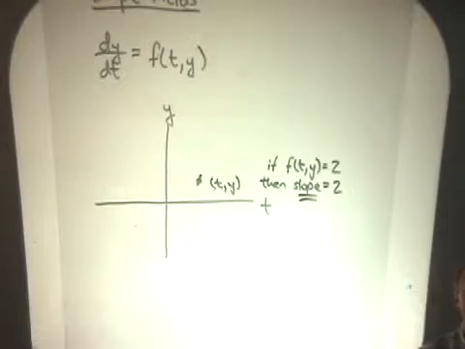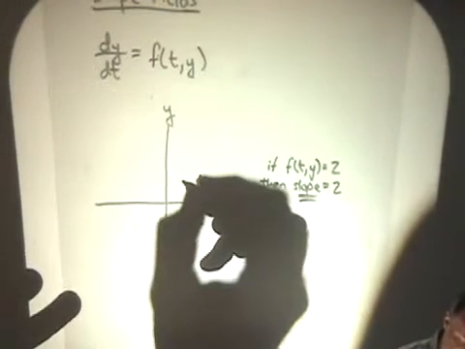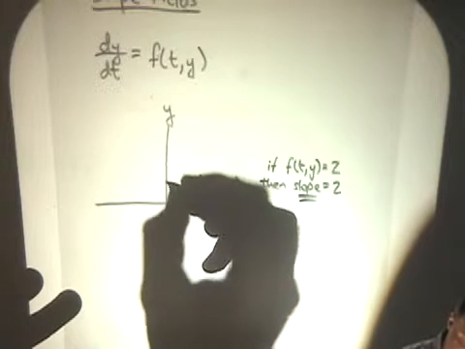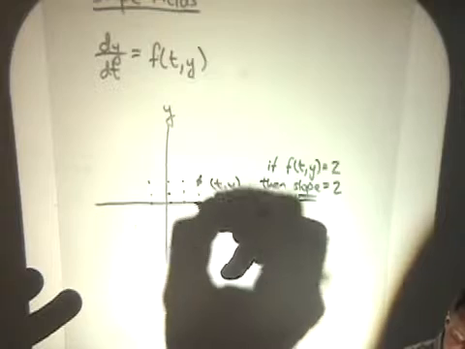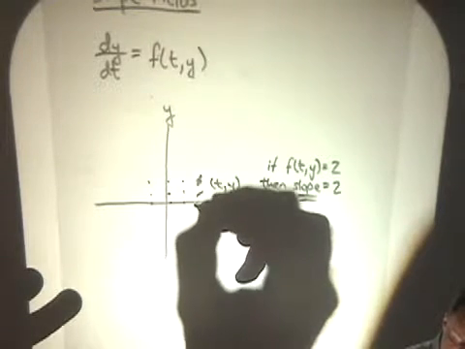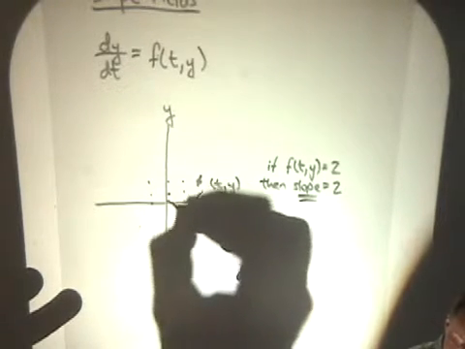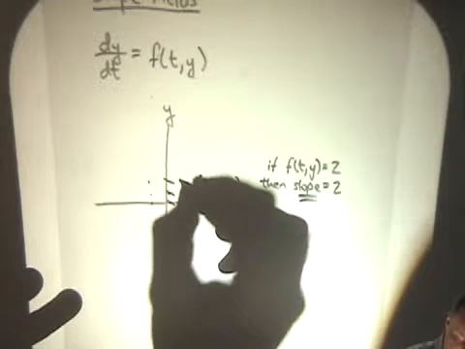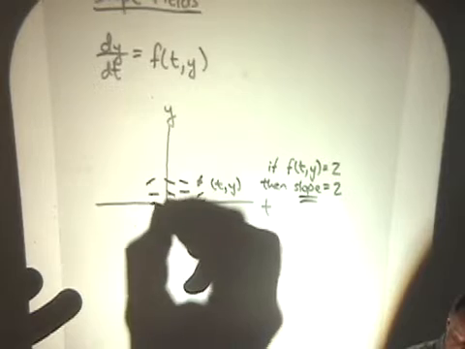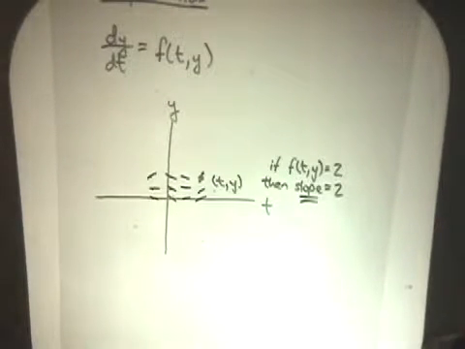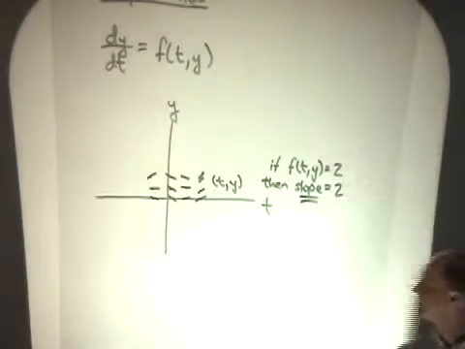But I can certainly do it at a finite number of points, mark off a bunch of little points and corresponding line segments with slope given by f of t comma y. And maybe I get a picture like this. Some of these slopes might be negative, some might be close to 0 or equal to 0. I might get some kind of picture like that.